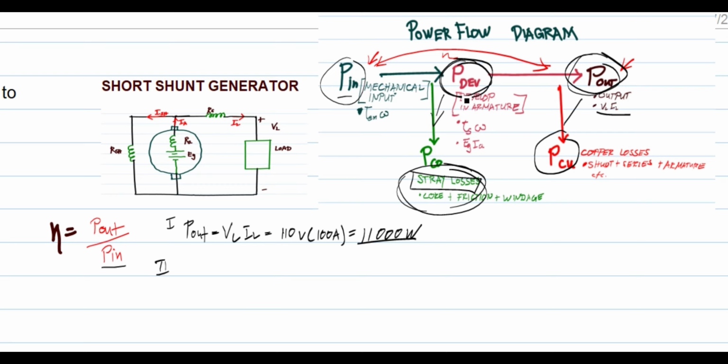To get the power developed in the armature, we use EG times IA. EG is still missing, so let's find EG. To find EG, we must get the ISH and IA.